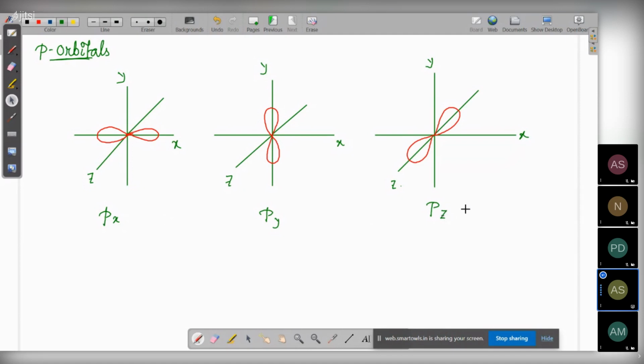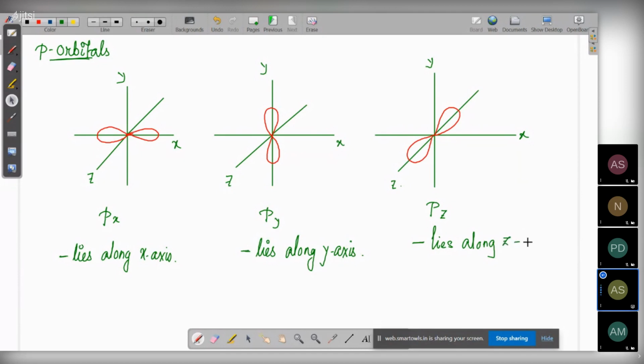When we did azimuthal yesterday, I told you that I will explain the dumbbell shape later. Now you get to know about the dumbbell shaped orbitals. This lies along the x-axis, this lies along the y-axis, and this lies along the z-axis.